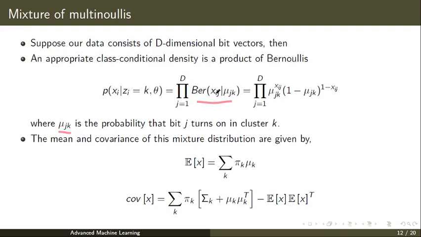So it is a product of this many Bernoulli distributions. D-dimensional bit vectors means you need to generate D bits. This is the Bernoulli distribution's PDF: mu j raised to x into 1 minus mu j raised to 1 minus x.